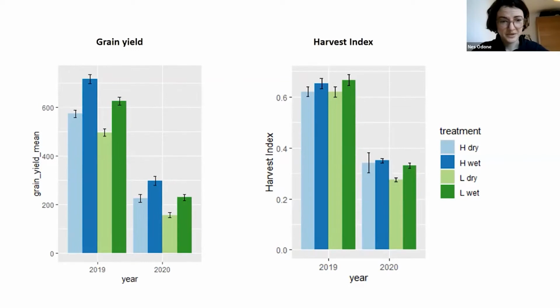And we can see that in both 2019 and 2020 there was a strong effect of both of the treatments. And in particular, nitrogen had a strong effect. On the right, you can see again 2019 and 2020 the harvest index. And there is in particular an effect of the water treatments, although not such a strong effect of the nitrogen.